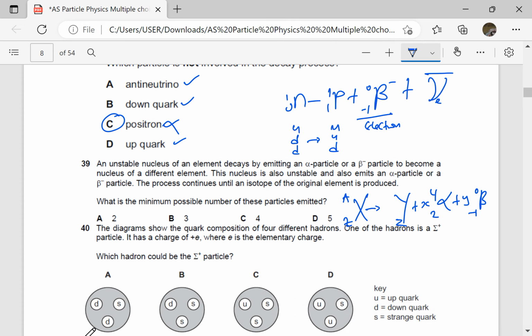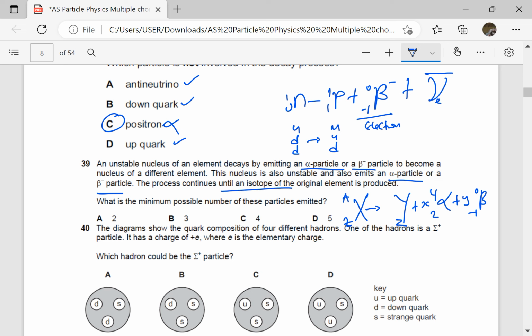An unstable nucleus of an element decays by emitting an alpha particle or a beta particle to become a nucleus of a different element. The nucleus is also unstable and also emits an alpha particle or a beta particle. The process continues until an isotope of the original element is produced. So I want you to note that it cannot emit only alpha particles if it is to become an isotope.